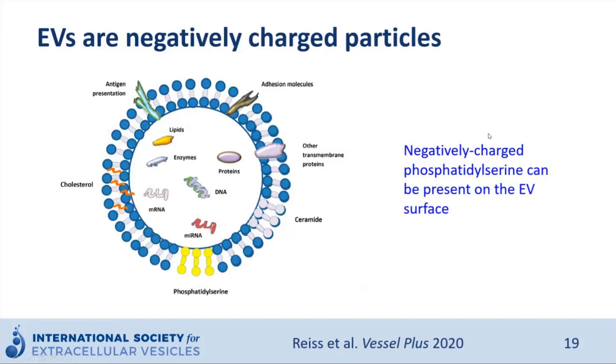So due to the electrostatic repulsion, EVs tend not to aggregate with each other. However, if we neutralize the EV charge, it will lead to EV aggregation, which is called charge-based precipitation.